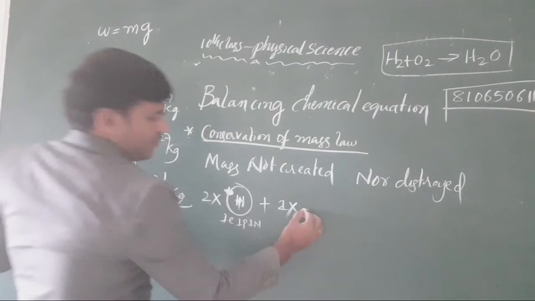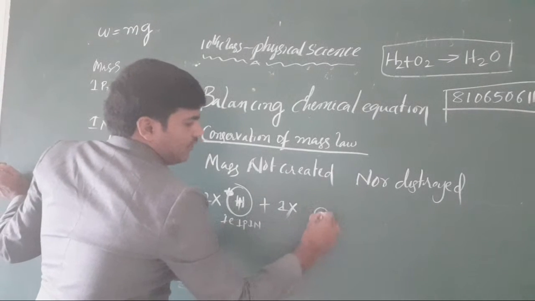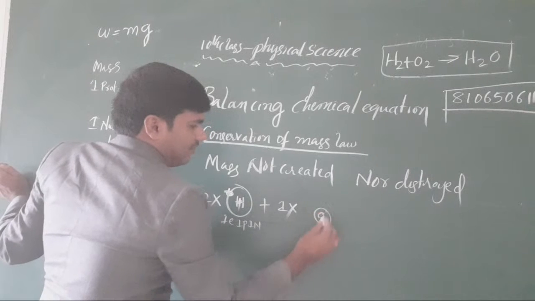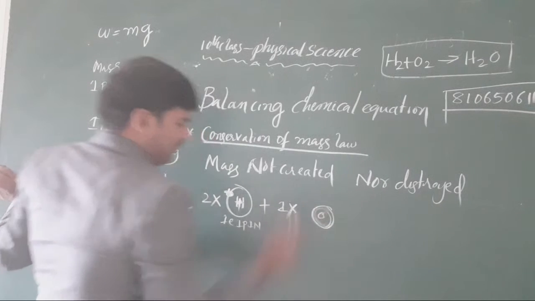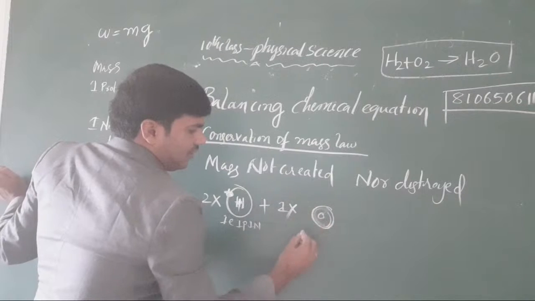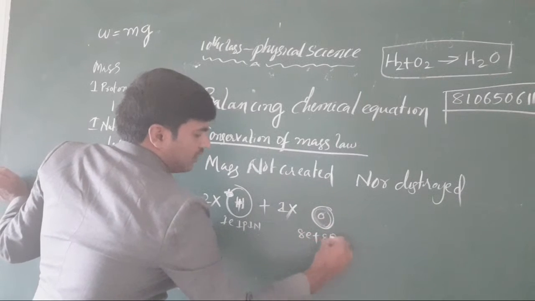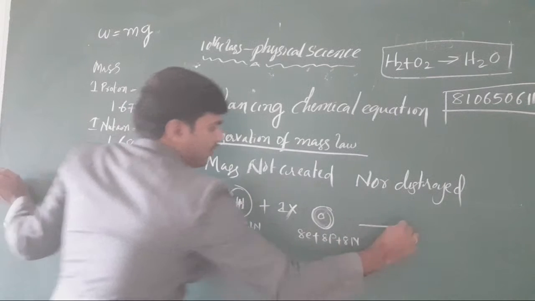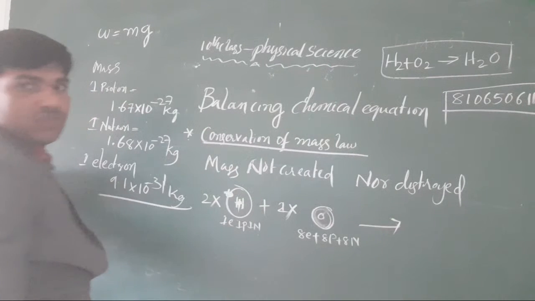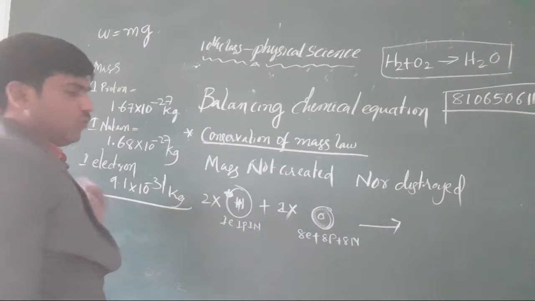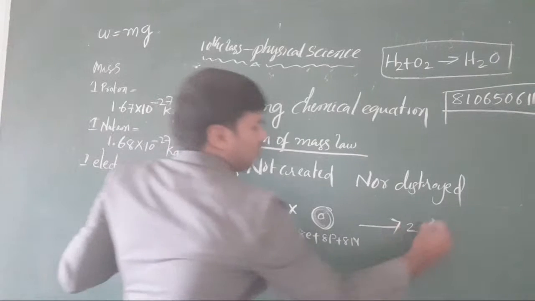2 oxygens are there. Automatically when you take oxygen like this, how many are there here? 8 electrons plus 8 protons and 8 neutrons are there. When you come to our equation, H2O, 2 hydrogens are there here.